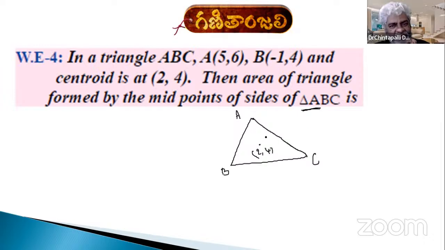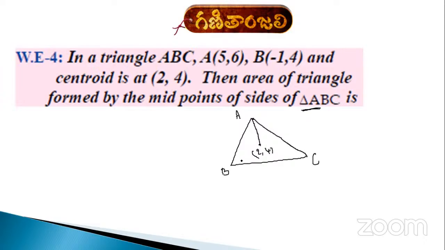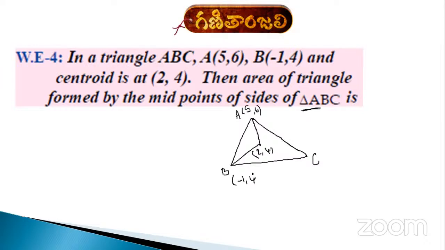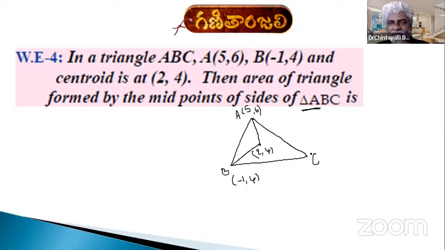Actually, what is asked? First of all, the area of this is given, right? For that, we can join this. Coordinates of A are (5, 6). Coordinates of B are (-1, 4). The coordinates of C are not mentioned, nor given, right?